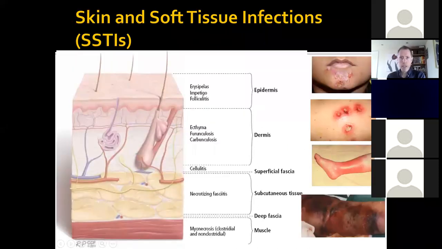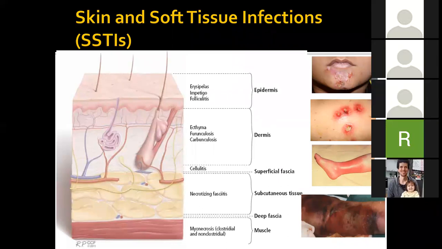Okay, so here is just a little bit of revision of skin and soft tissue infections, how they're classified, the names that we give to them. You can see broadly, you break them down by the layer of the skin and soft tissue structures that are involved.